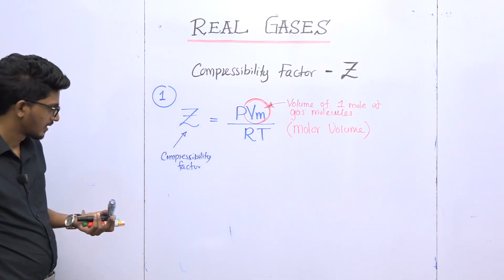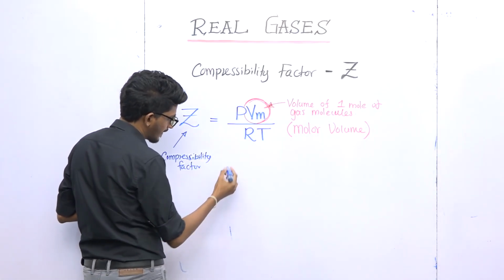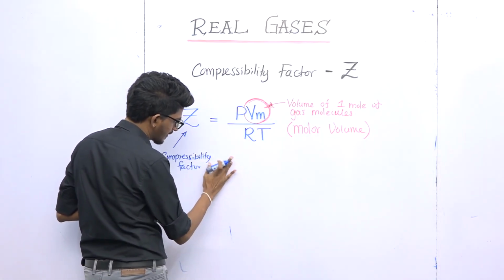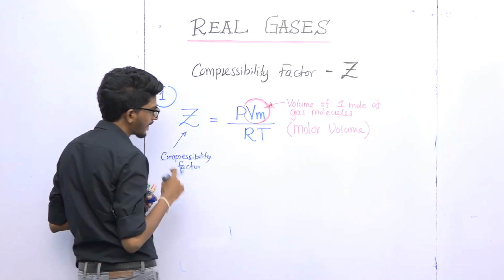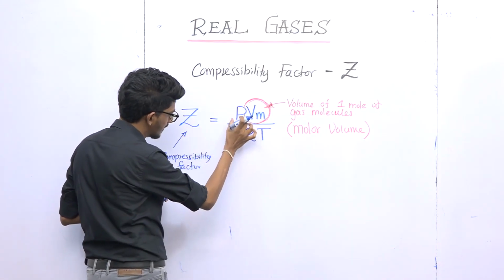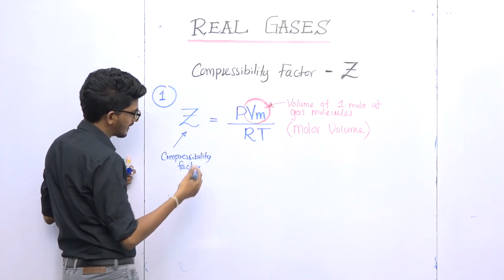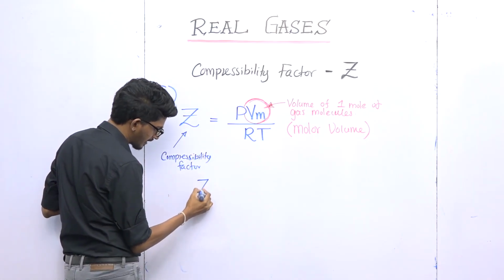Right? As we know, Z is equal to PVm over RT. If you consider some real gas, you can write like this.